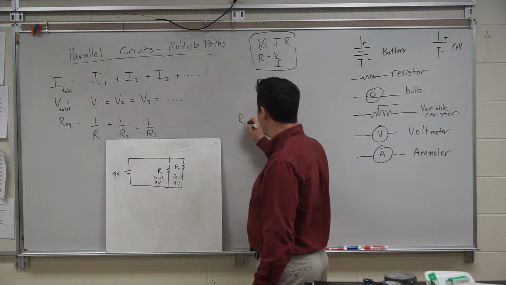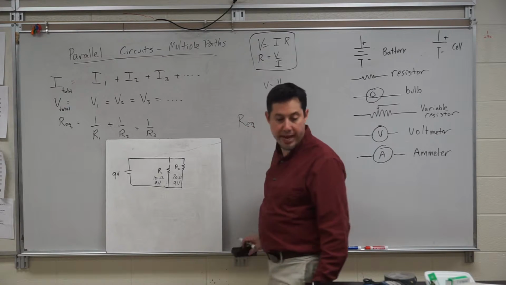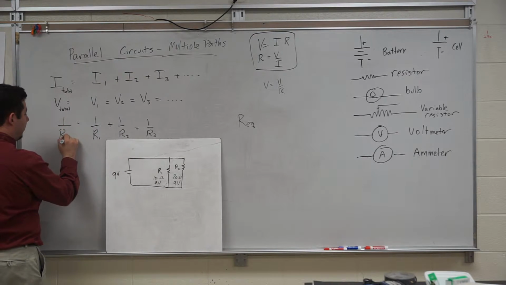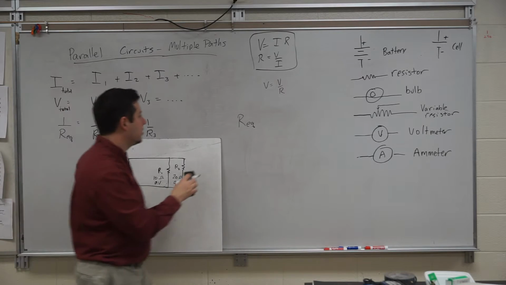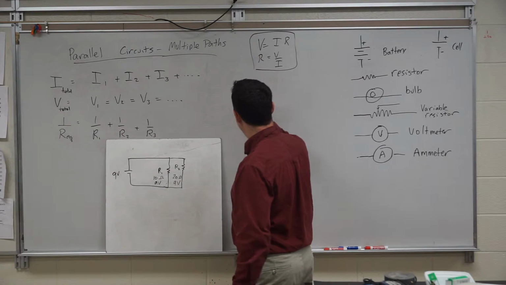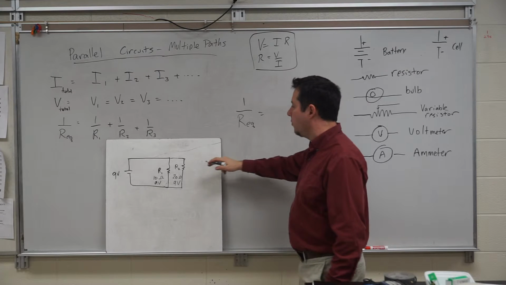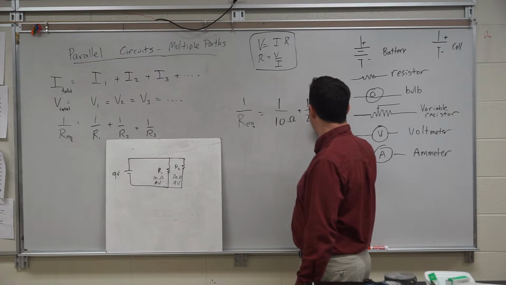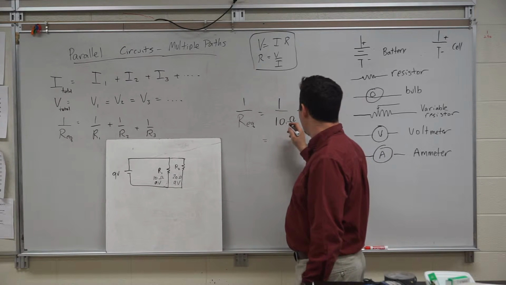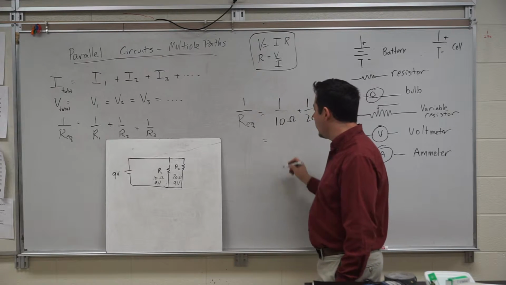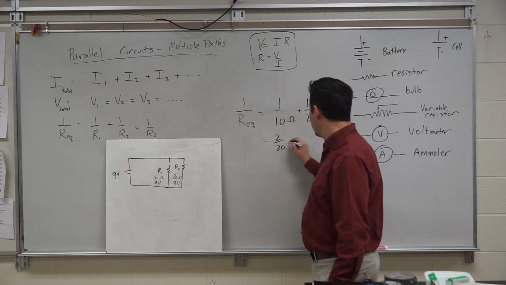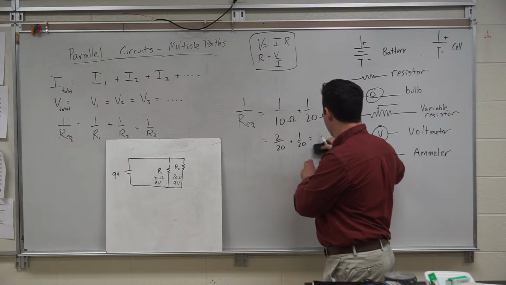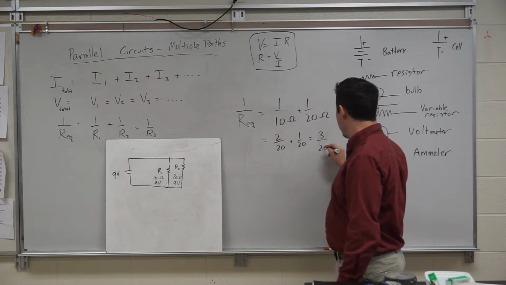So the equivalent resistance of that, I made a mistake by the way. Let me correct this mistake. That should be 1 over R equivalent. 1 over R equivalent is equal to 1 over R1 plus 1 over R2. So 1 over 10 ohms plus 1 over 20 ohms gets me a total of, let's see, 1/10 and 1/20 is the same as 2/20 and 1/20, or 3/20.